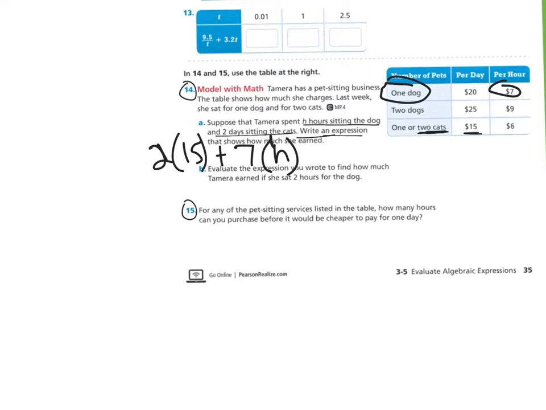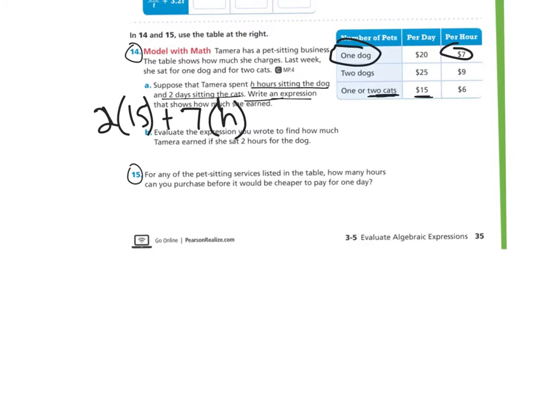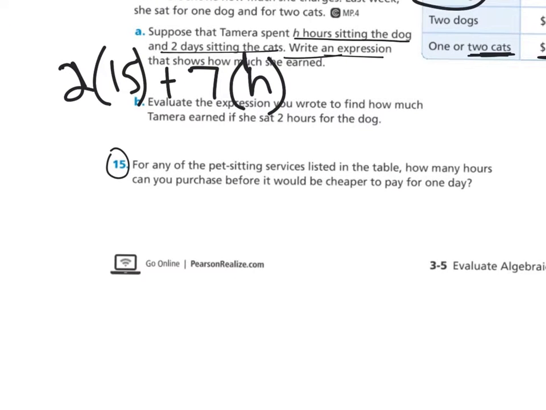We could technically simplify by multiplying 2 times 15 and get 30. So 30 plus 7H would be another expression we could write for that. But that's what we want to write, all on one line for our expression. And then part B, it says evaluate if she sat 2 hours for the dog. So now we're actually working that out for 2 hours for the dog.